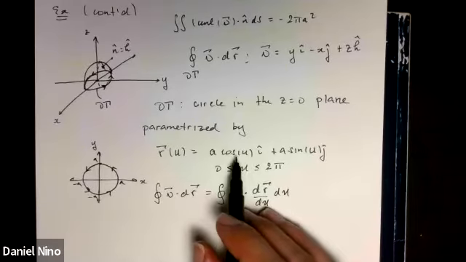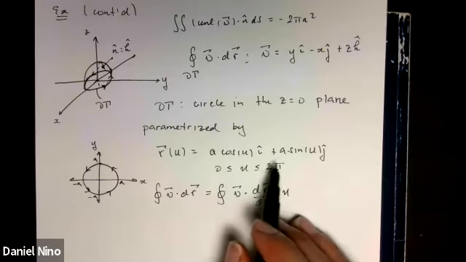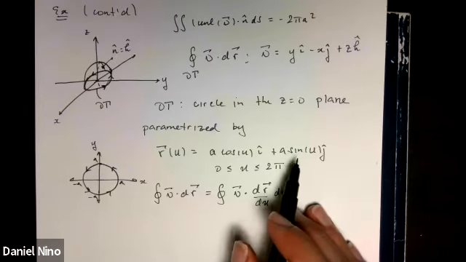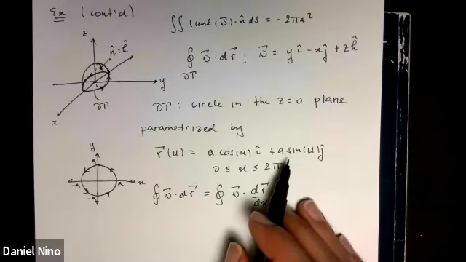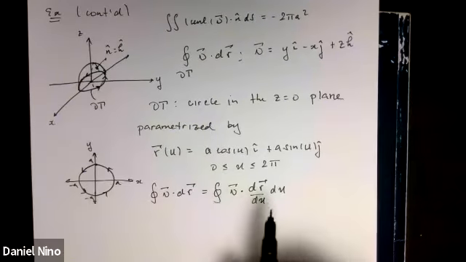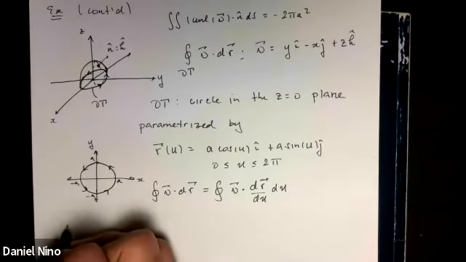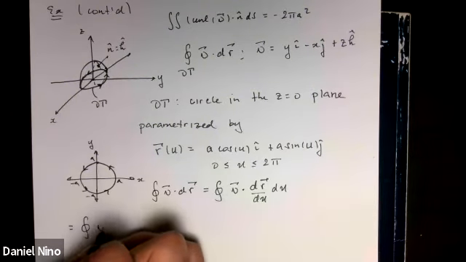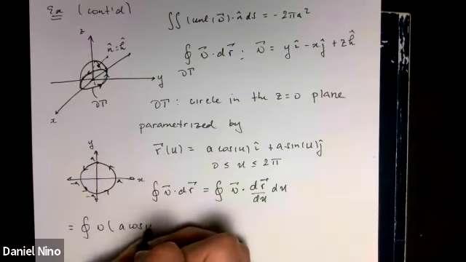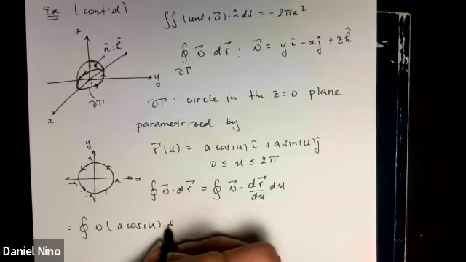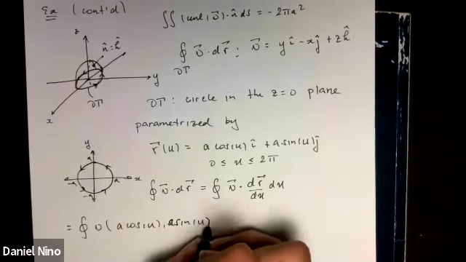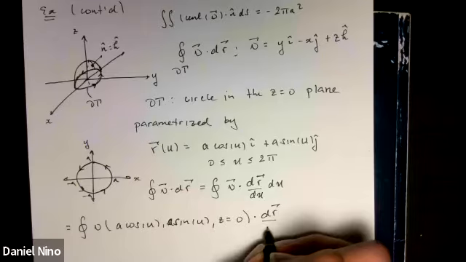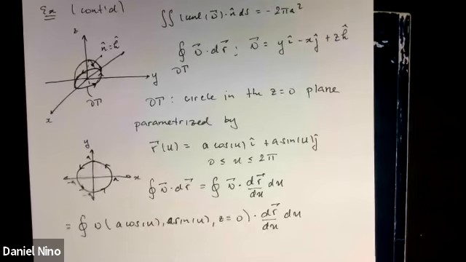So around our path, x is always equal to a cosine u, wherever you see a y you substitute a sine u, and wherever you see a z, z is equal to 0 because we're in the z equals 0 plane. Remember, x now becomes a cosine u, y becomes a sine u, and z is equal to 0, and you take the dot product with this.